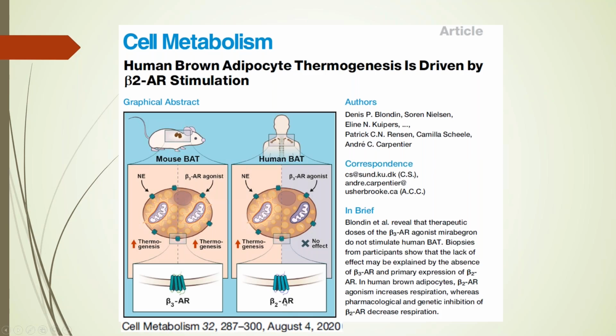And they also said there is a similar chance that the white cells which can transform into beige also express this receptor. And now they are developing specific agonists to activate the beta 2 adrenergic receptor, to increase both classical brown fat activity and also increase the population of beige fats in our body.